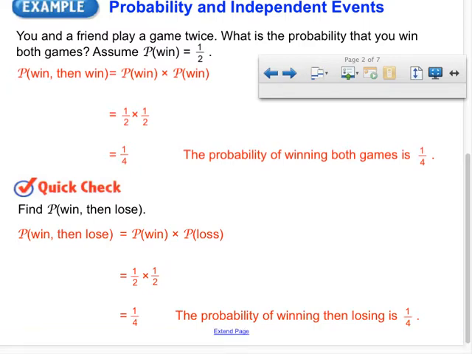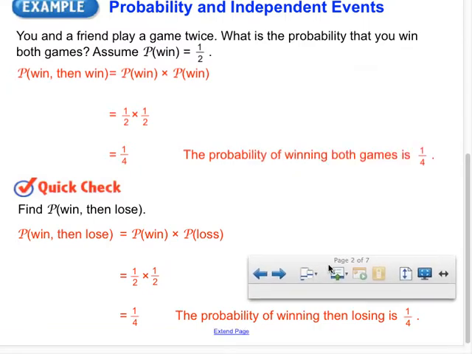Now, just to get you guys to think about sample spaces, because we covered that recently. Okay, first game could be a win or a loss. Second game we could win or lose.